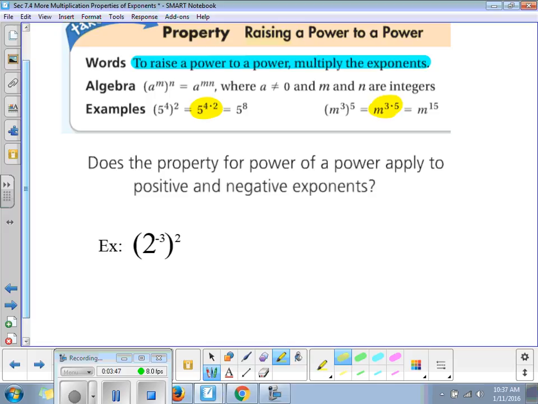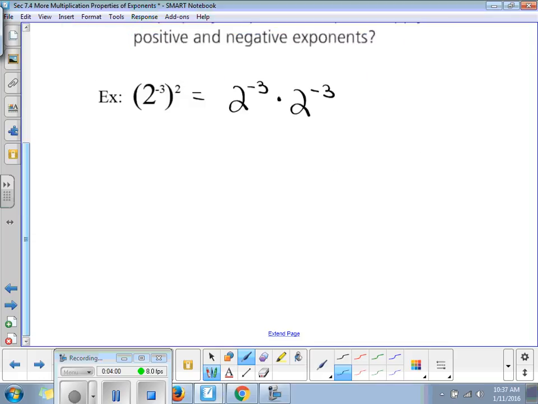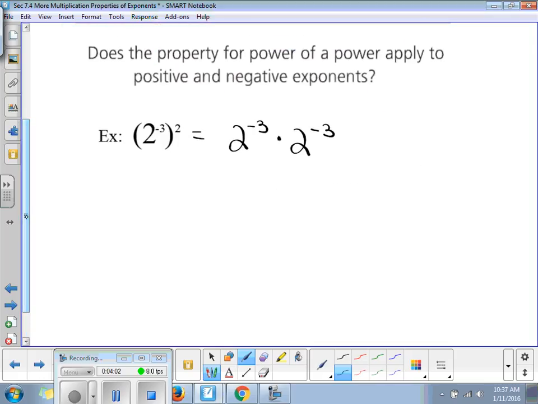So we're going to have 2 to the negative 3 times 2 to the negative 3. Now, what do I do when I multiply powers? What do I do with those exponents? You add them, right? When you multiply powers, you add them. So this is going to be 2 to the negative 6.